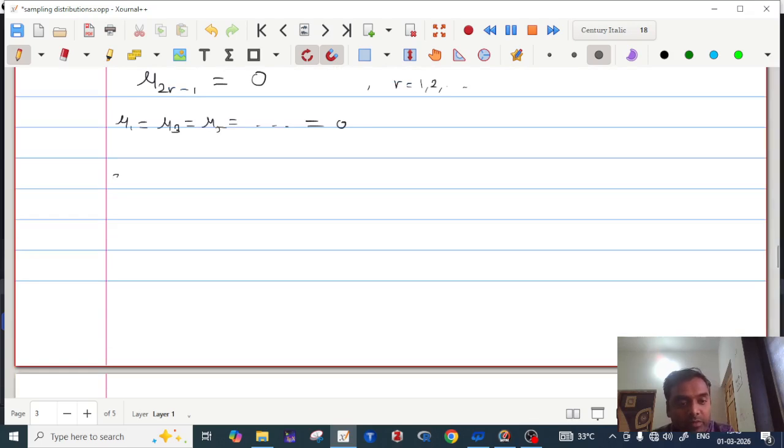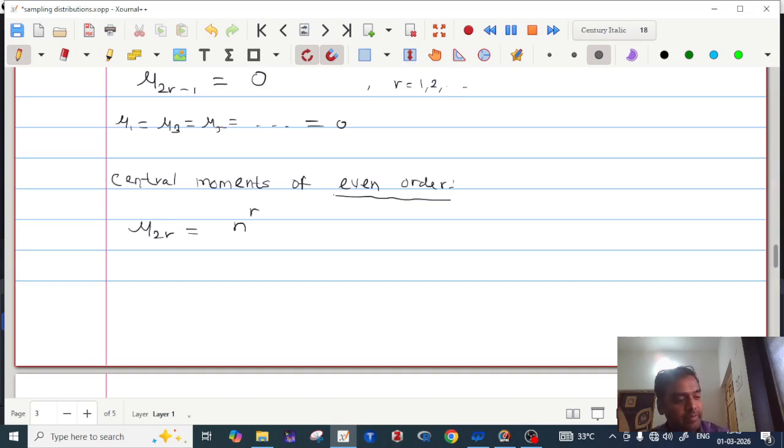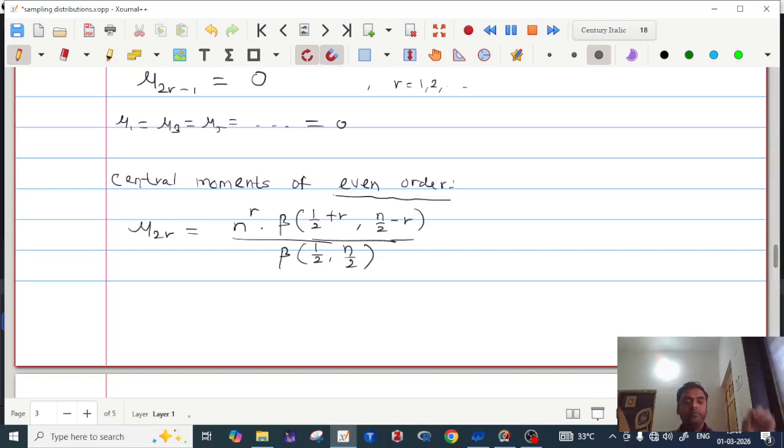Then the central moments of even order. It is denoted by mu 2r, and it is defined as n raised to r multiplied by beta of 1 by 2 plus r, n by 2 minus r, divided by beta of 1 by 2, n by 2.